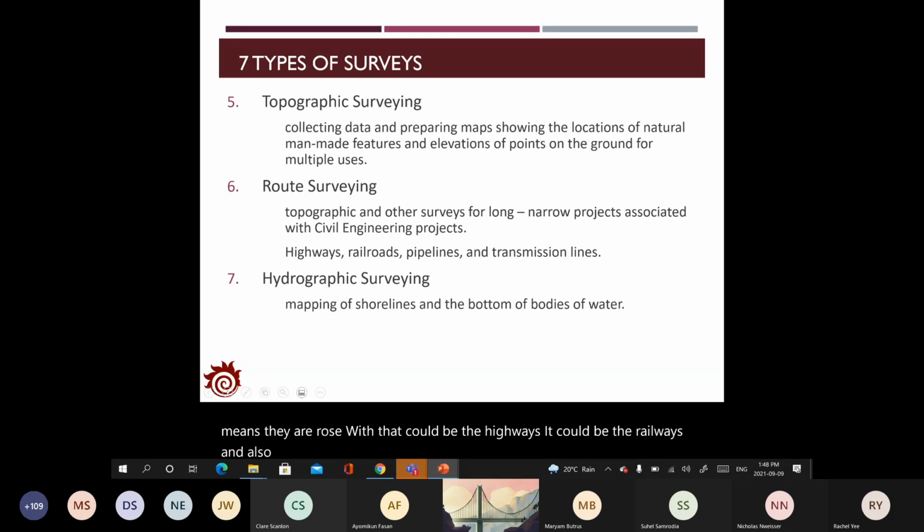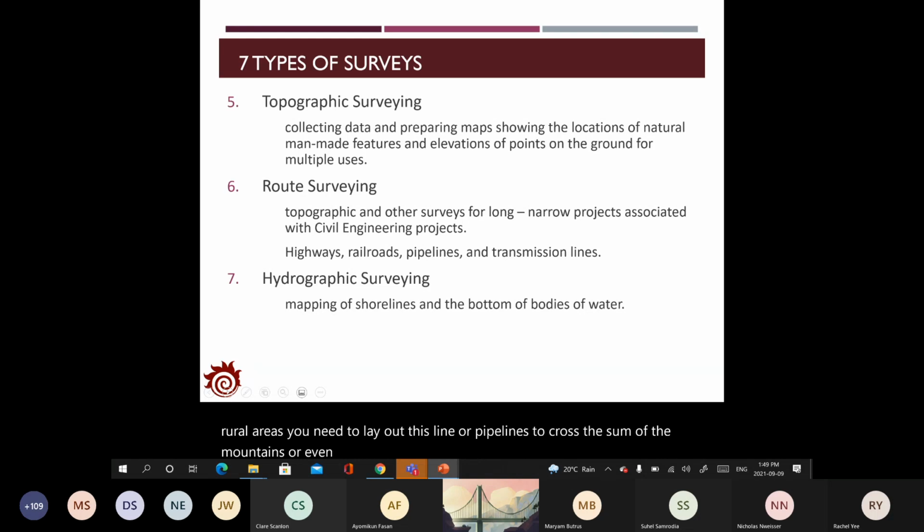Sometimes we also need to identify the shape, curvature, and distance for pipelines and transmission lines. For these kinds of projects, you may need to go to very rural areas, so you need to lay out these pipelines to cross mountains or even enter the water.